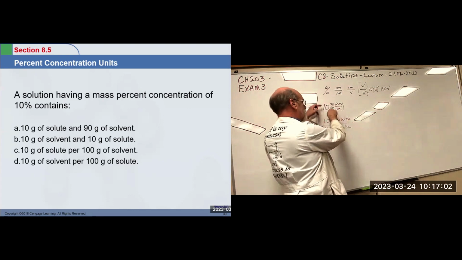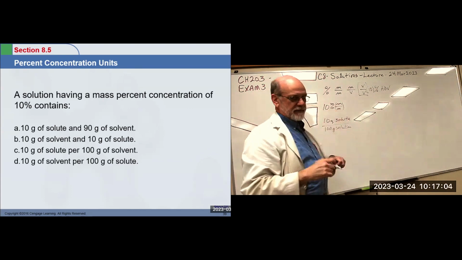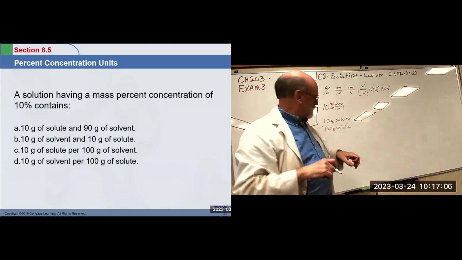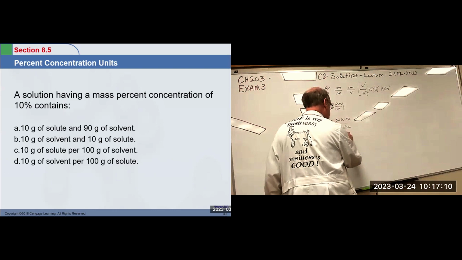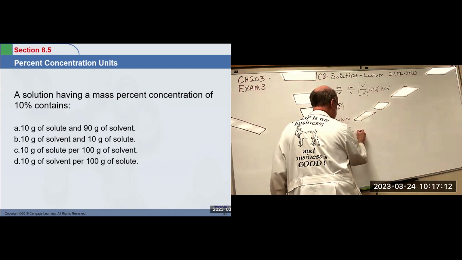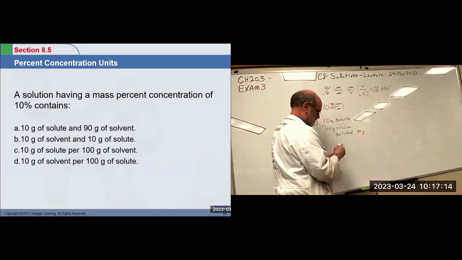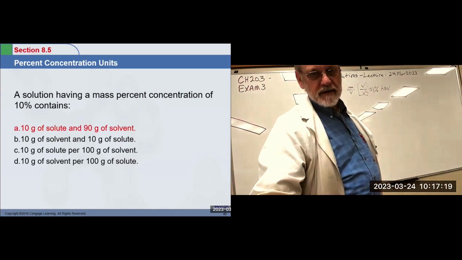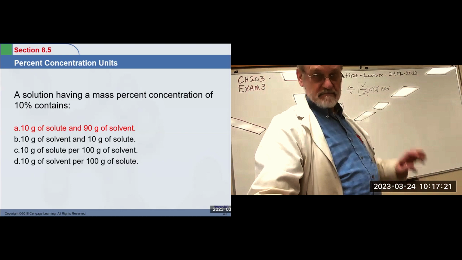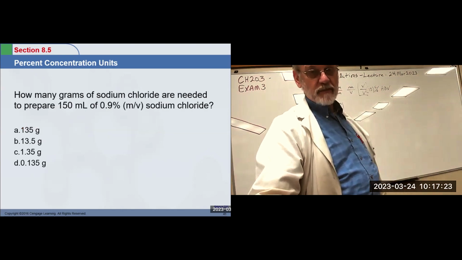Right? Parts per 100, 10 parts per 100 parts. But that means that the solvent is 90 grams. Because the total is 100. So A would be the correct answer to that problem.